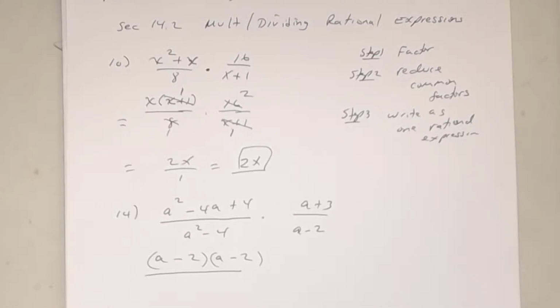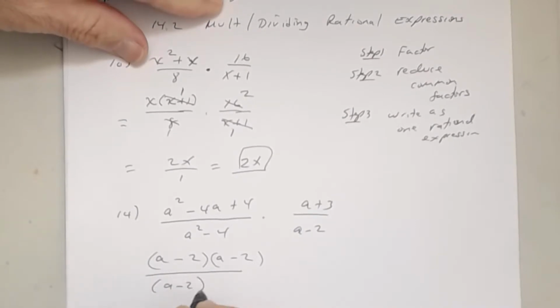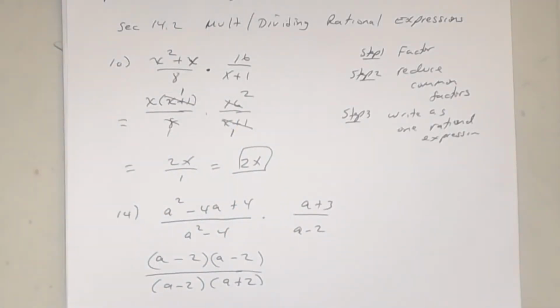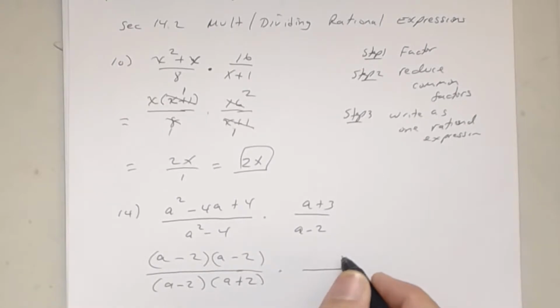What about the denominator? That's the difference of two squares. How do you factor that? A minus 2 times a plus 2. Can I factor the numerator in the second rational expression? No. Can I factor the denominator in that second rational expression? No. All right, so that's where I'm at. Did I do step 1? Yes.